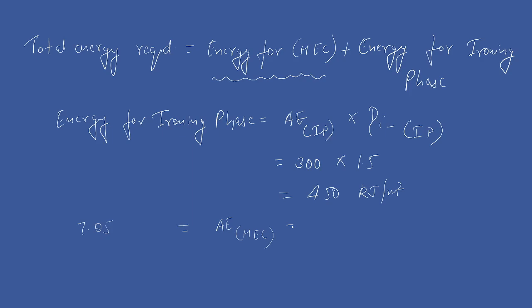So applied energy corresponding to high energy compaction is 7.05 minus 0.45, that will be nearly equal to 6.6 megajoule per meter.